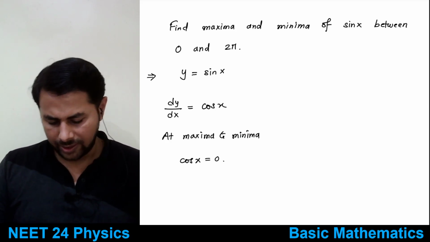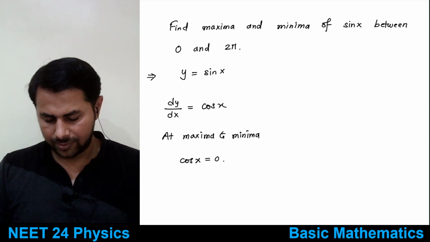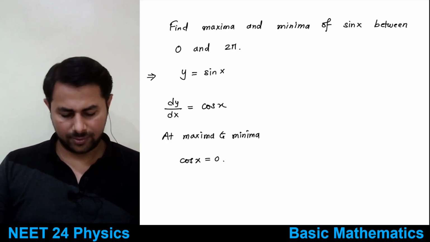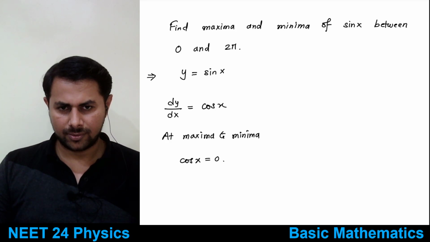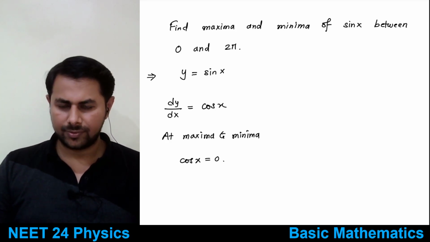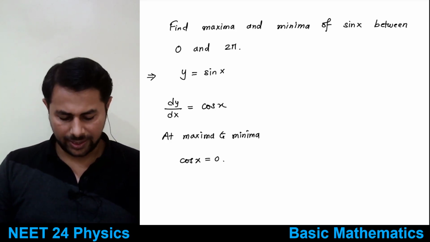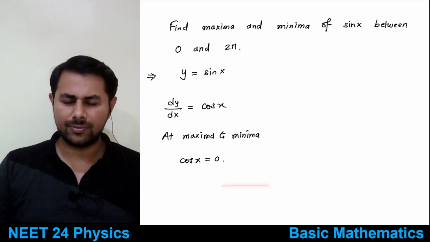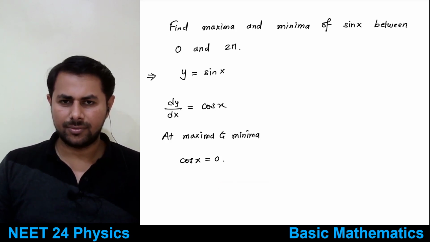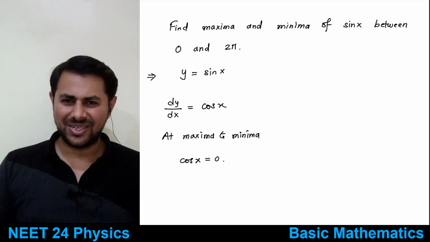Now tell me, where is cos x 0? Cos 90 is 0, right? Where else will it be 0?